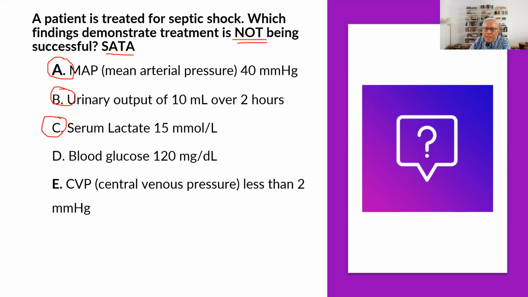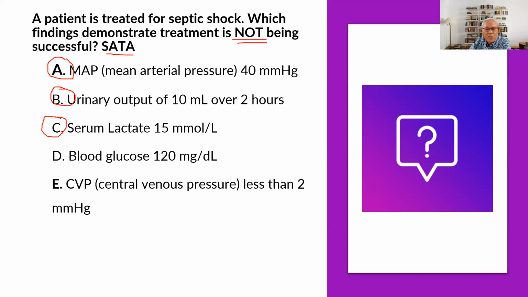A CVP should be greater than 2 millimeters of mercury. Now, if it's less than 2 millimeters of mercury, then this shows that the filling pressure in the right side of the heart is going to be low. So if this number is low, there's not enough fluid that is filling the heart to maintain the cardiac output.